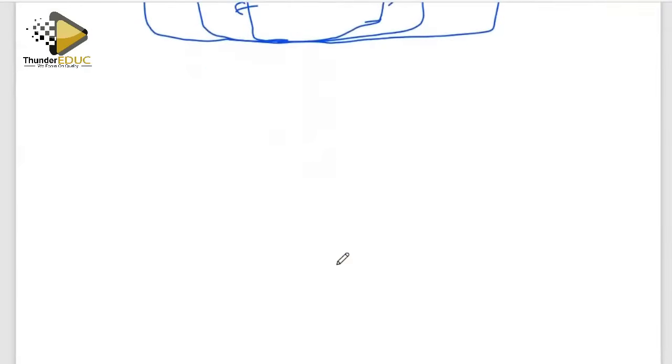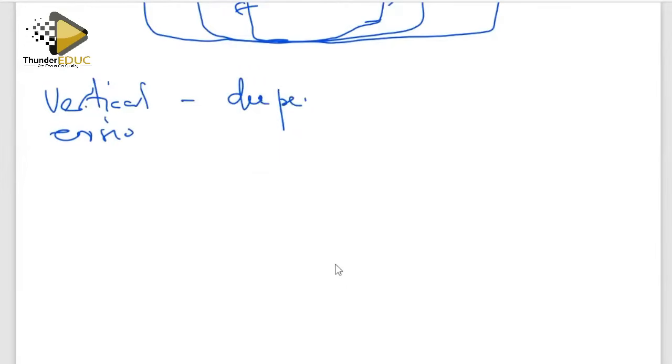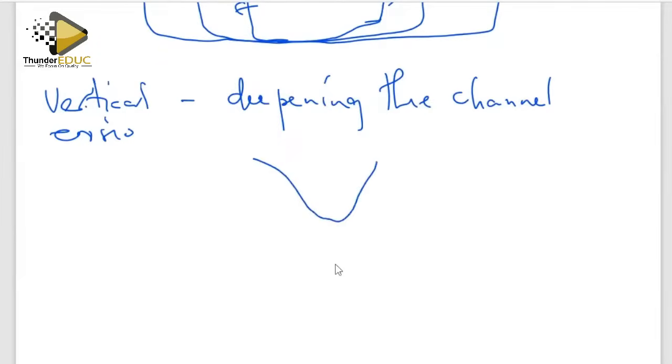That is lateral erosion. Then we have what we call vertical erosion as another type of erosion. Vertical erosion is responsible for deepening the river channel. If the river channel is like this, vertical erosion happens vertically.